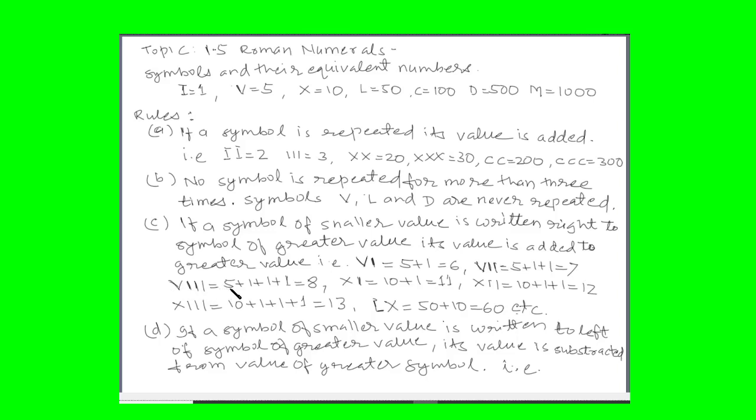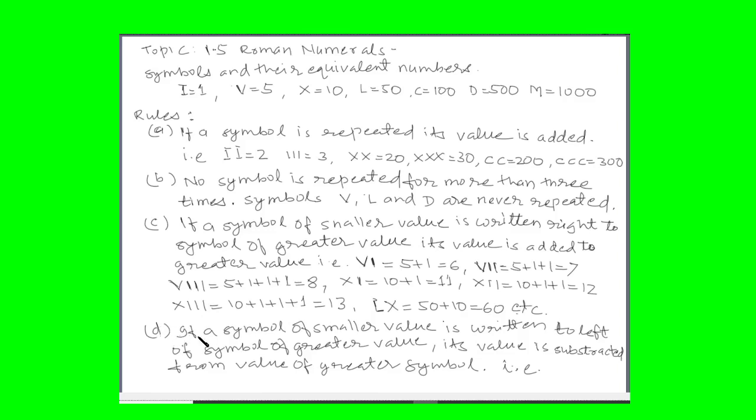VIII equal to 5 plus 1 plus 1 plus 1 equal to 8. XI equal to 10 plus 1 equal to 11. XII equal to 12. And XIII equal to 13. LX, which is equal to 50 plus 10 equal to 60, etc.